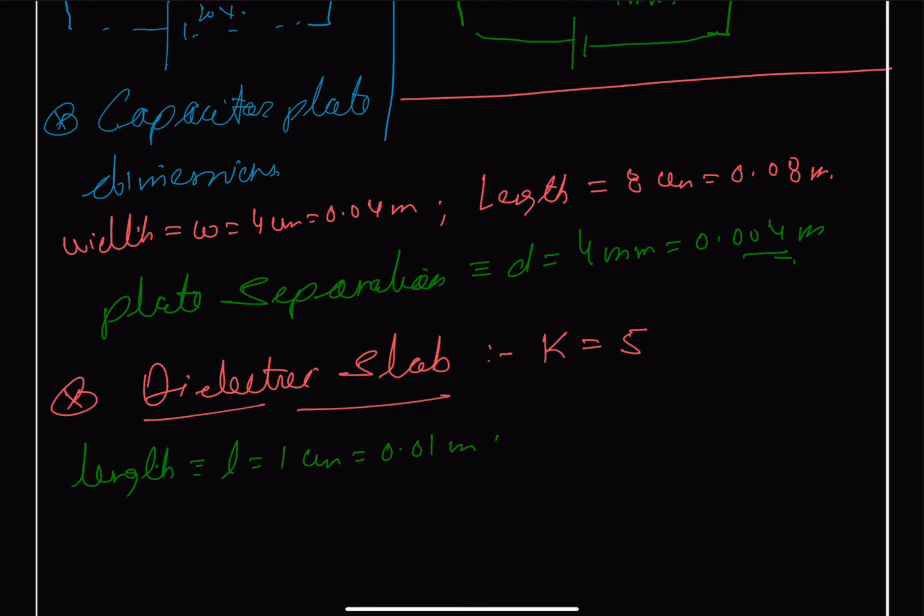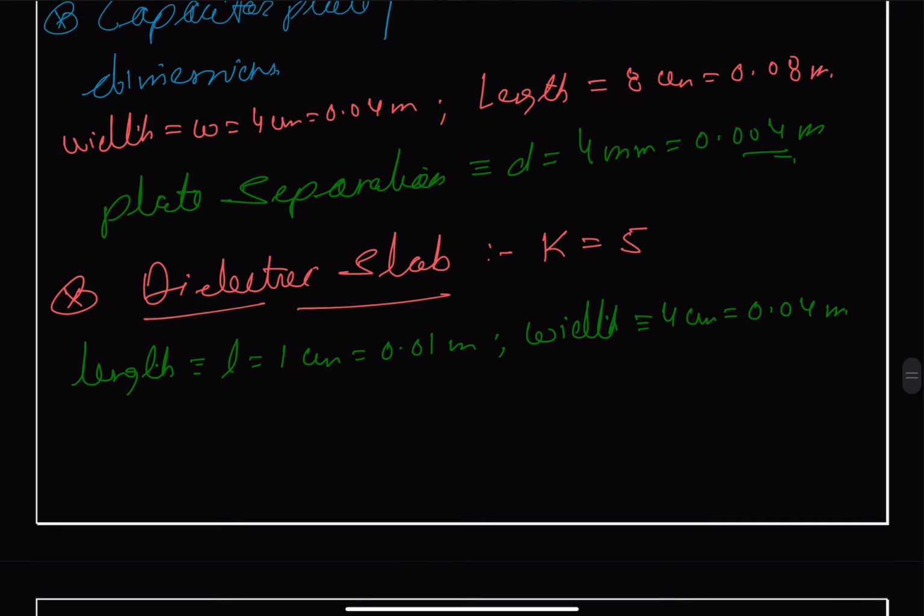Width is 4 centimeter, which is 0.04 meter, and the thickness is 4 millimeter, which is 0.004 meter, and that is equal to D.